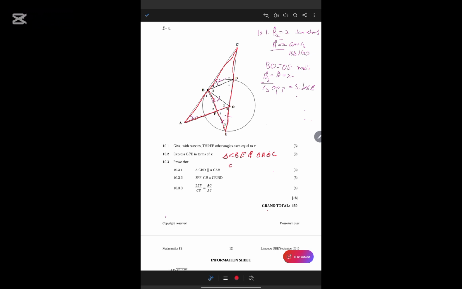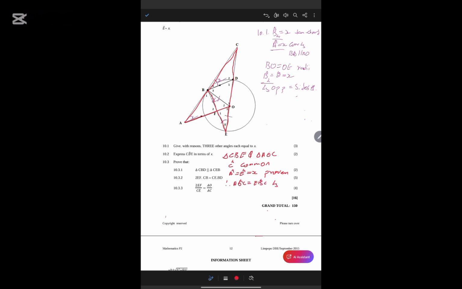Now, let us prove if these two triangles are similar. One, we can already see that angle C is common. Which other angles are equal? We also know that angle A is equal to angle E. They both equal angle X. It was proven in the previous question. That means the third angle is also equal, and that angle AOC is equal to angle EBC.